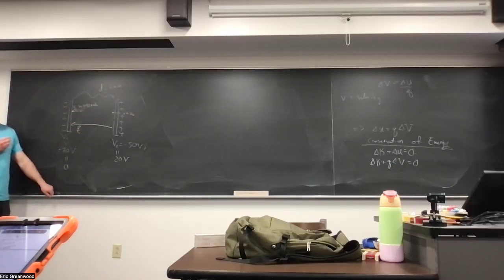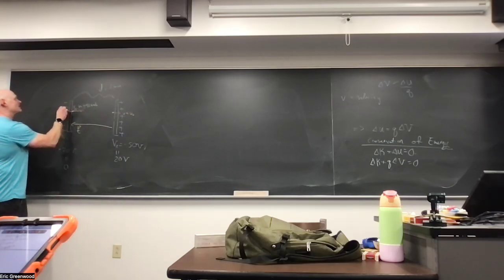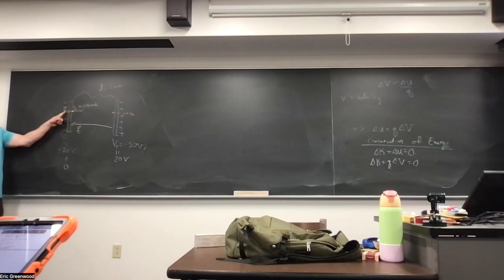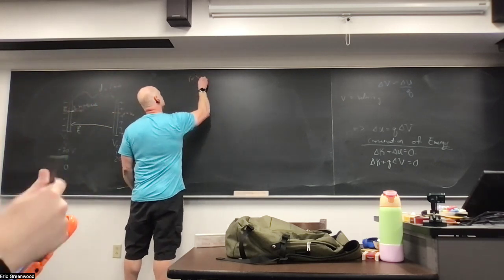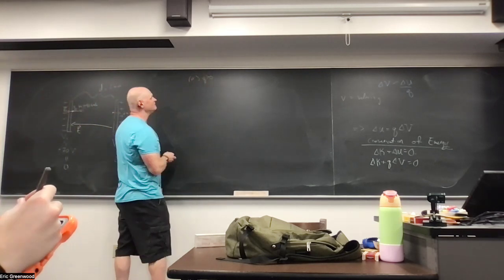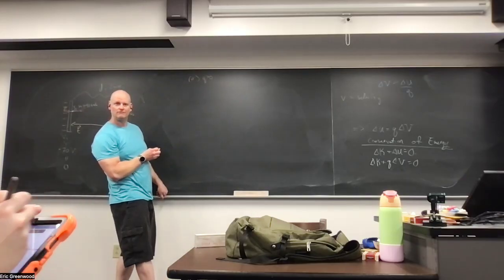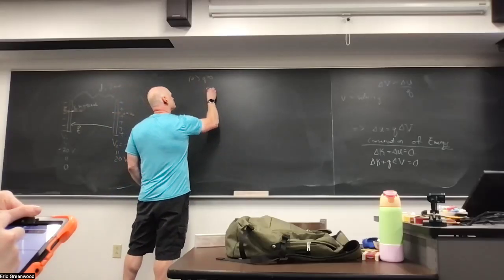Which means what's the direction of the force? This way. So this guy's feeling a force in this direction, which means is this a positive charge or a negative charge? So if the direction of the force is in the direction of the electric field, is that a positive charge or a negative charge? Positive charge, right? So in this case, we know that Q must be positive, which means it's a proton or electron. It's a proton, right? So in this case, my charge is a proton.